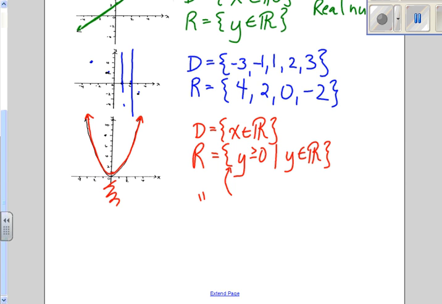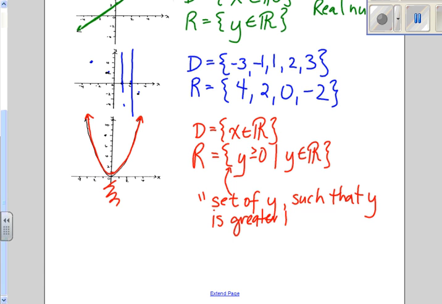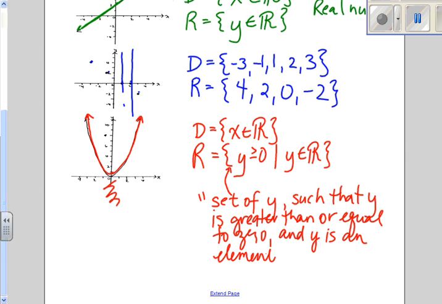So what we are saying by that notation very succinctly is that we have the set of y such that y is greater than or equal to 0, and y is an element, or any y is an element of the real numbers. All that in cute little curly brackets.